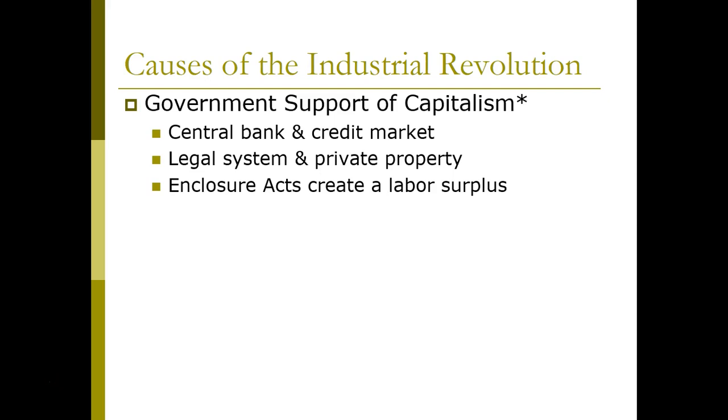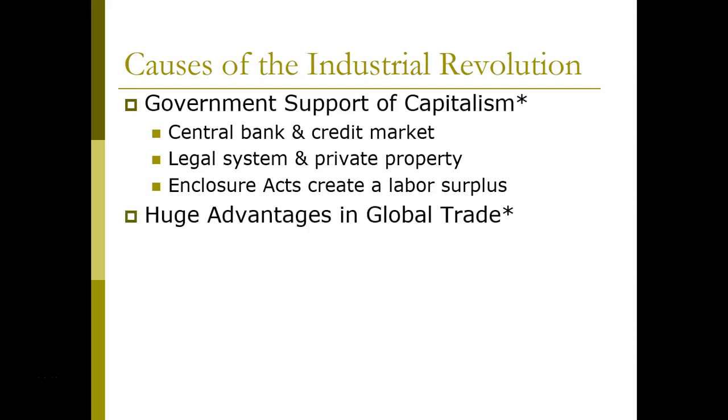And a consequence of that is that many of the peasants who had been using this communal land to farm enough to feed their families are now not allowed to use that land because it's private, and consequently they are moving to cities looking for work. And so there's this dramatic expansion of people looking to work in anything, regardless of what it is, because the alternative is they're going to starve. That creates a labor surplus, which then again fuels industrialization.